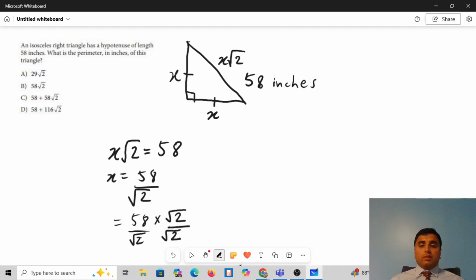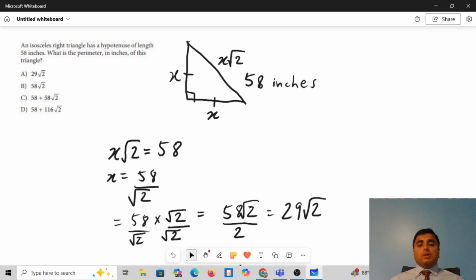Let me get this out of the way. And that is going to give us 58 square root of 2 divided by 2, and that is going to give us 29 times the square root of 2.